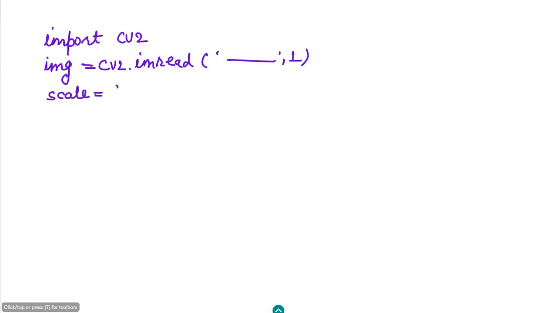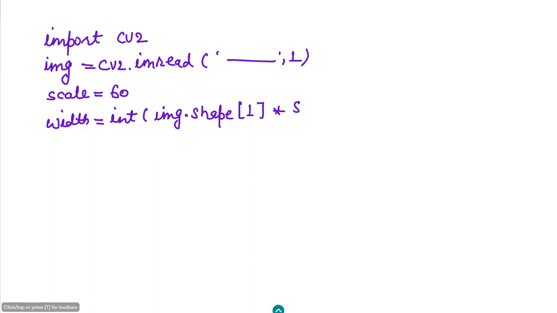I'm going to set 60 here. The width of my image will be int(img.shape[1] multiplied by scale divided by 100).